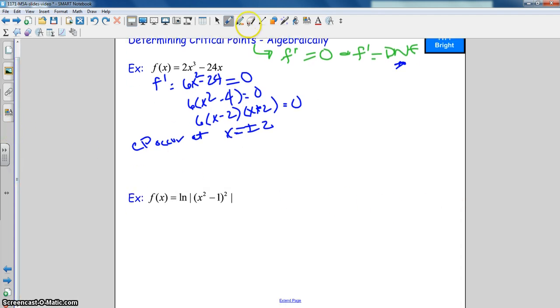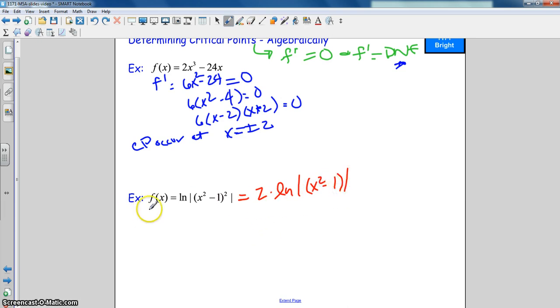Okay, let's go through another example. I have the natural log of the absolute value of x squared minus 1, that quantity squared. Before I do this, again, I'm going to do some algebra because I like algebra, and also I avoid the chain rule when I do the derivative. Power rule for logarithms, bring that out front. So this is 2 times the natural log of the absolute value of x squared minus 1.